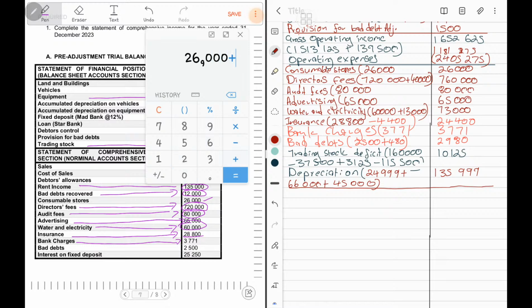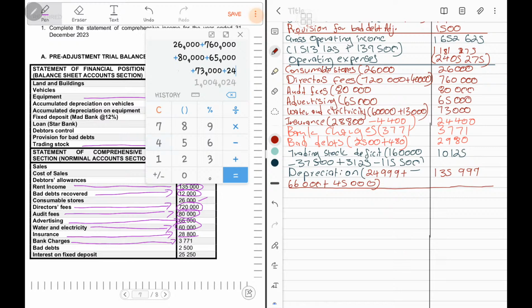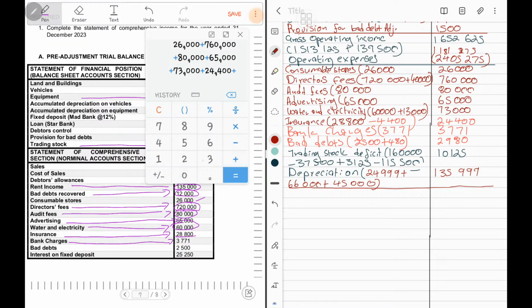26,000 plus 760,000 plus 80,000 plus 65,000 plus 73,000 plus 24,400 plus 3,771 plus 10,125 plus 135,999, 178.